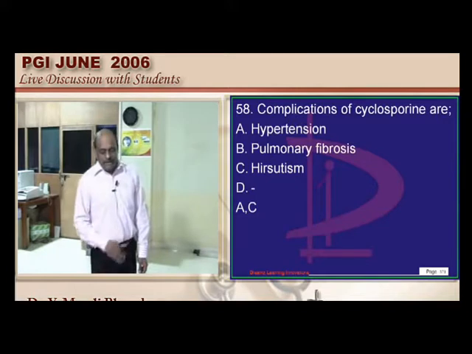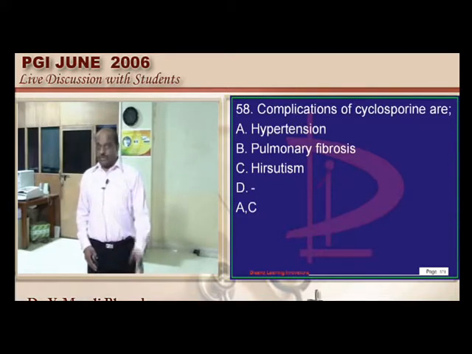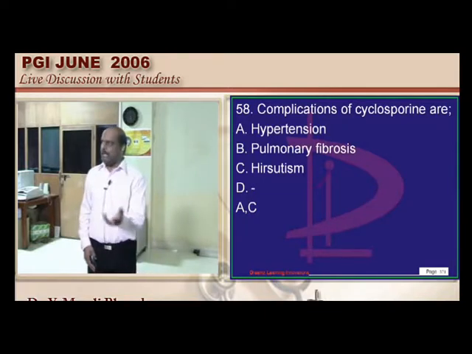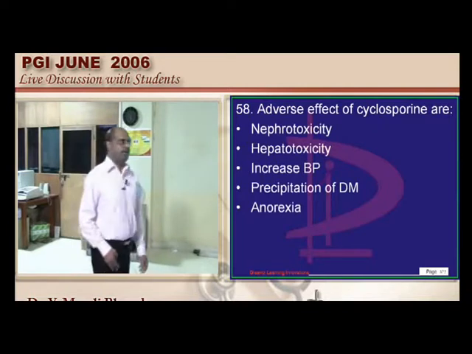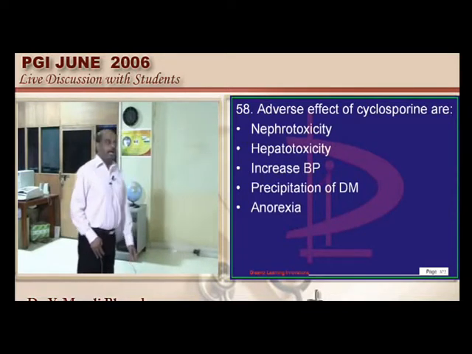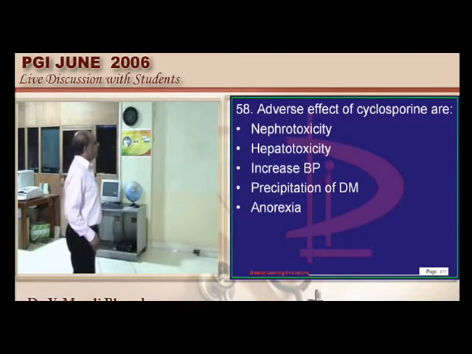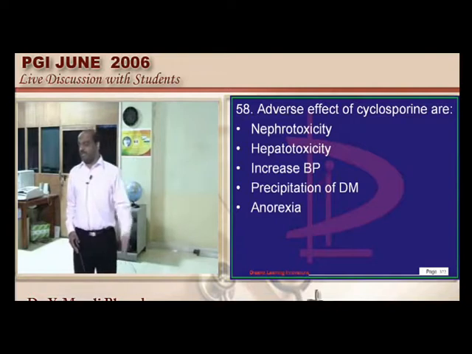Now what are the complications of cyclosporin, a common immunosuppressant? Of course, it is now taken over by mycophenolate and sirolimus, which are now ruling the immunosuppressant regimes. So cyclosporin can cause nephrotoxicity, hepatotoxicity, it increases the blood pressure, hyperkalemia can be a problem, gum hyperplasia, hirsutism.